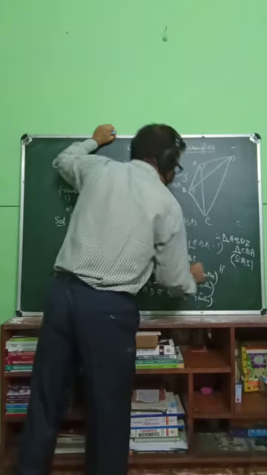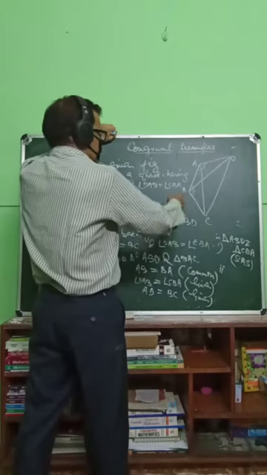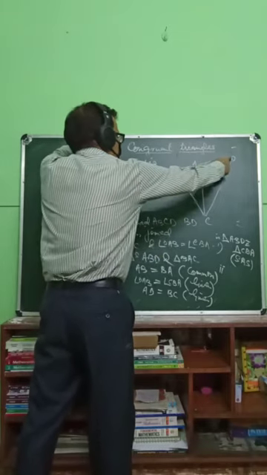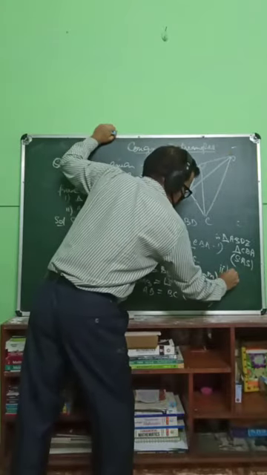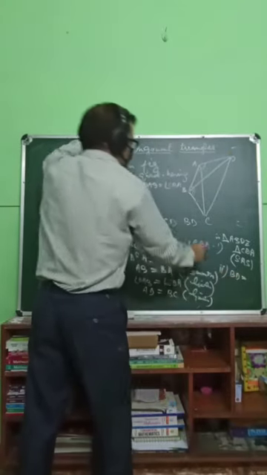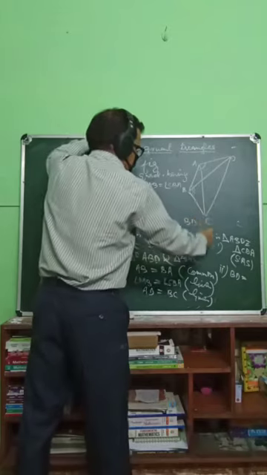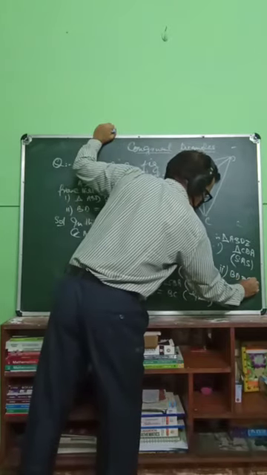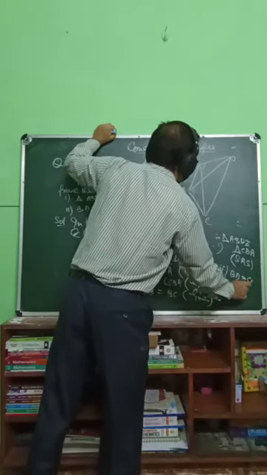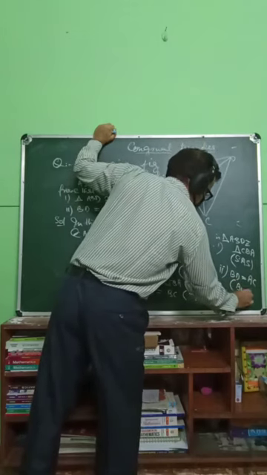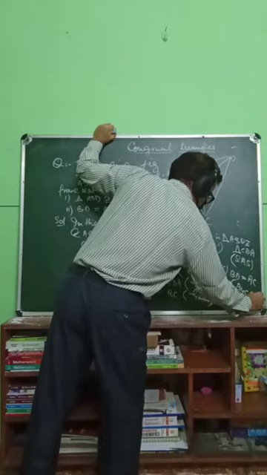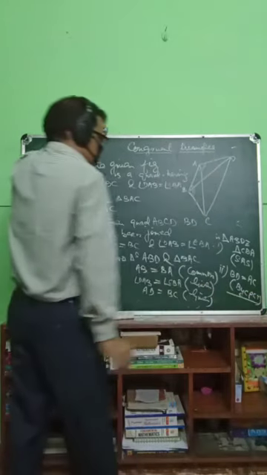Second one, when triangles are congruent, corresponding parts will be equal. So BD is equal to AC by CPCT, this we proved.